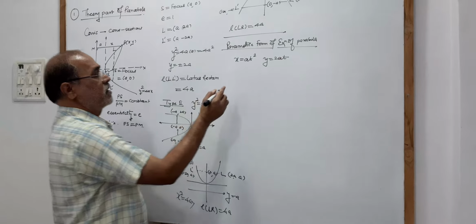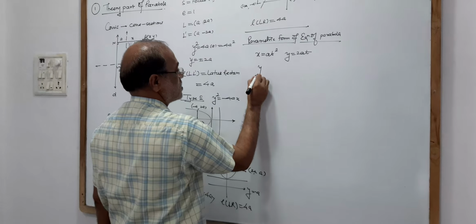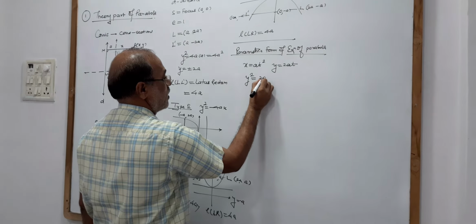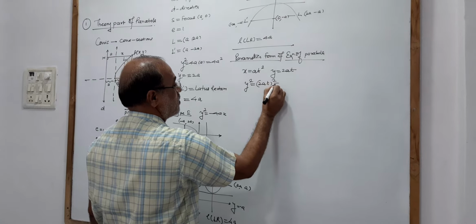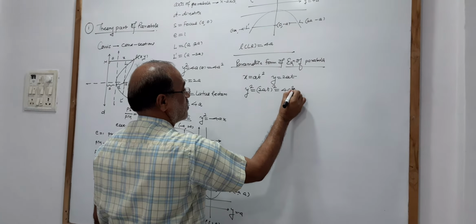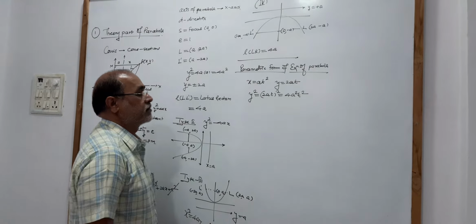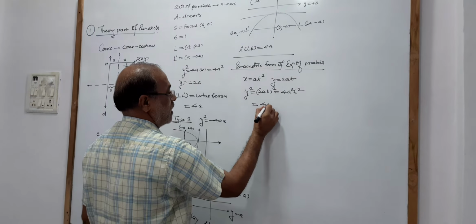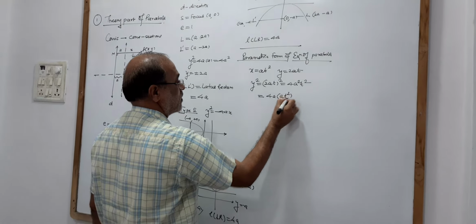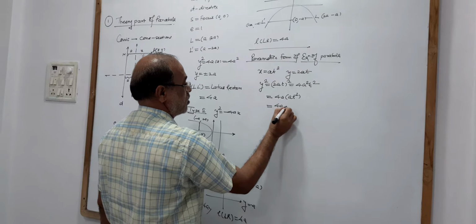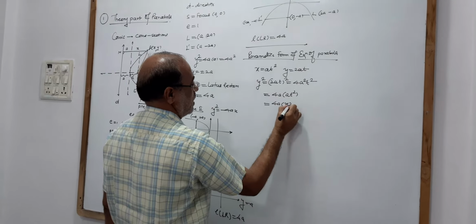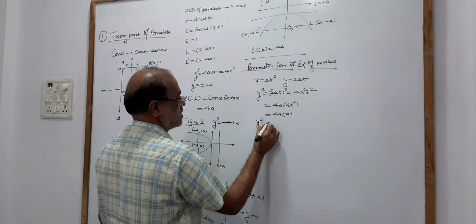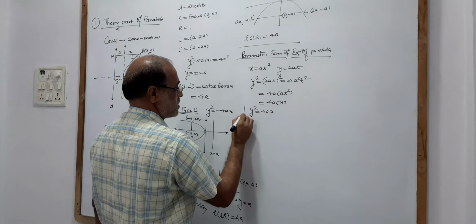If we substitute, y square equal to (2at) whole square, that becomes 4a square t square. Therefore, I can write 4a into at square, which is nothing but x. Therefore, LHS and RHS are satisfied by this equation.